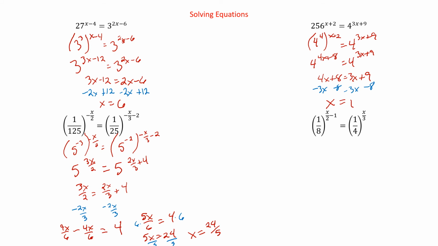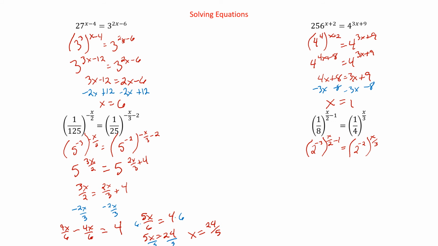And then this other one, we have 1/8 and 1/4, so 8 and 4. Those are both powers of 2. 8 is going to be 2 cubed, so this will be 2 to the negative 3 to the x over 2 minus 1 equals 4 is 2 squared, so I have 2 to the negative 2 to the x over 3.